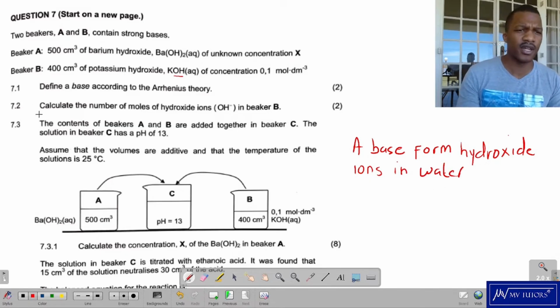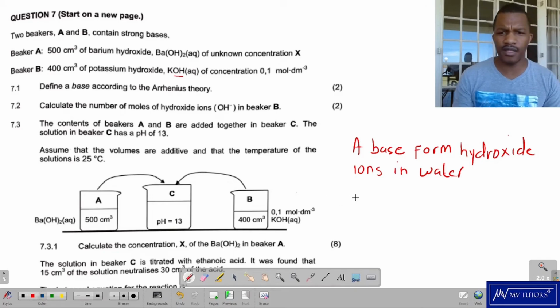Now it says 7.2, calculate the number of moles of hydroxide ions in beaker B. From your formula sheet, concentration is equal to number of moles over volume, and here they want us to calculate the number of moles.